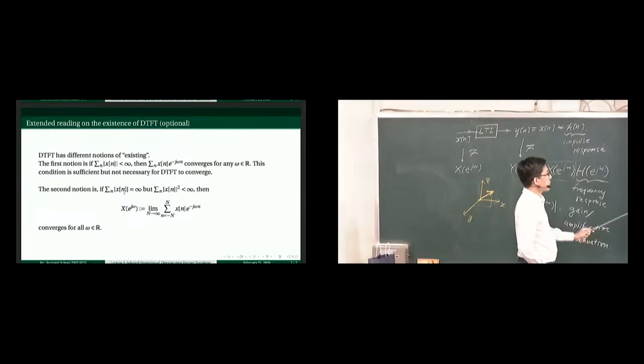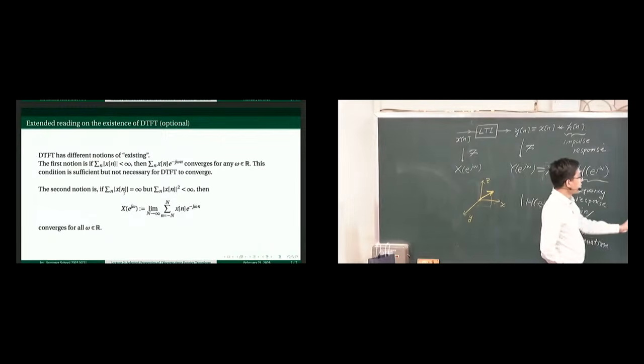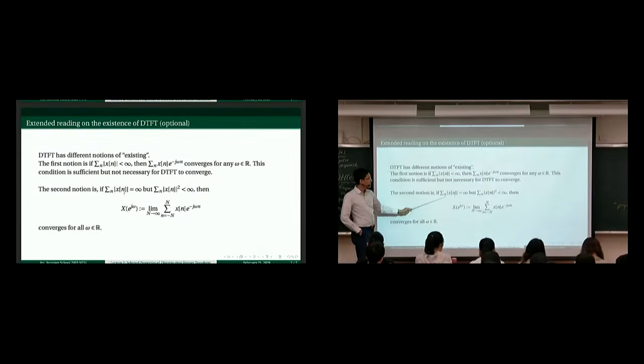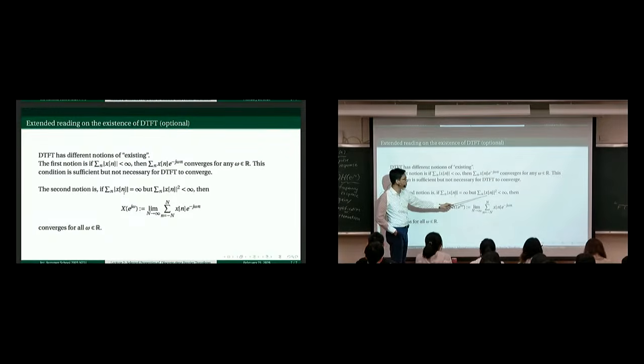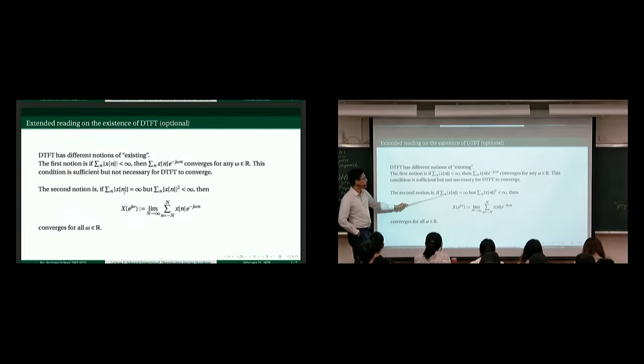The second notion: even if the signal does not converge absolutely, if the signal has a finite norm, sometimes this can happen too. For some signals, the norm is there, but it's not absolutely summable.